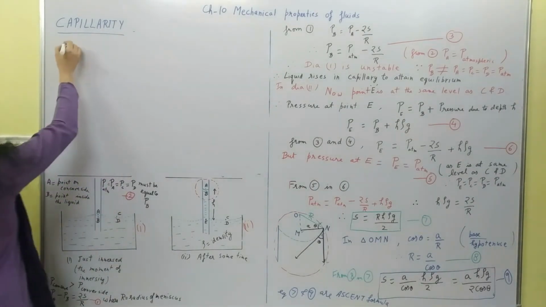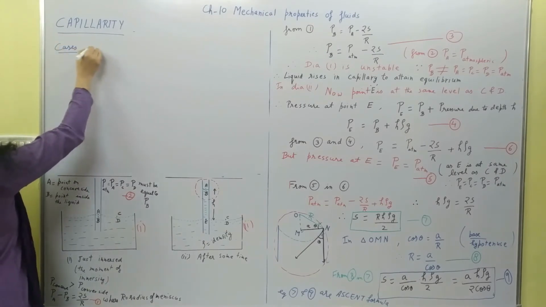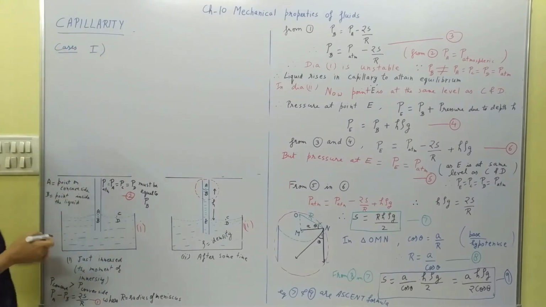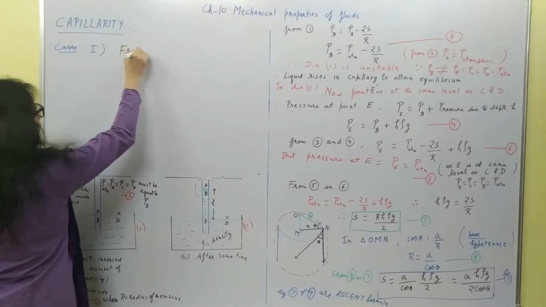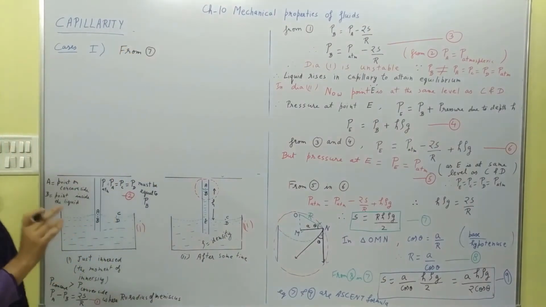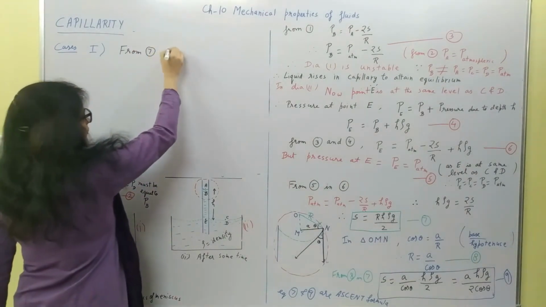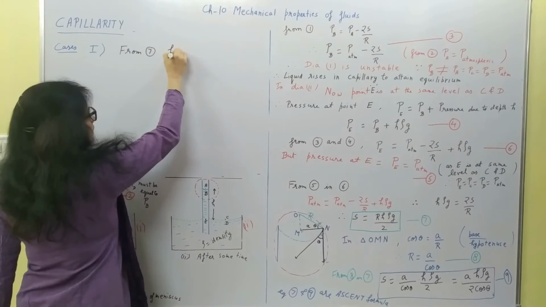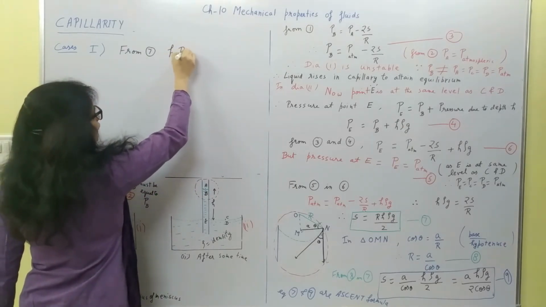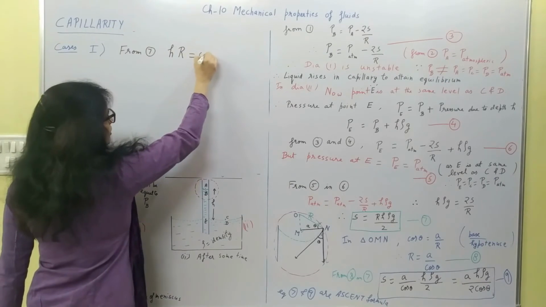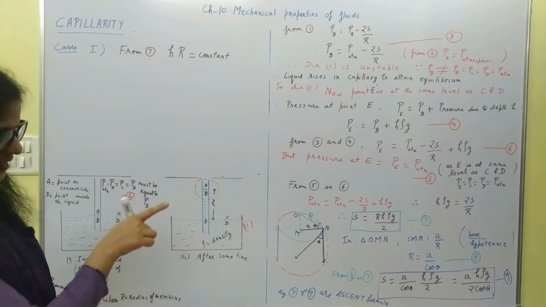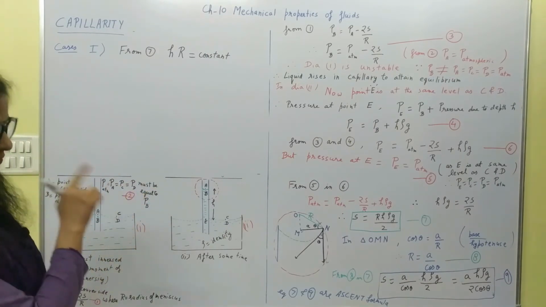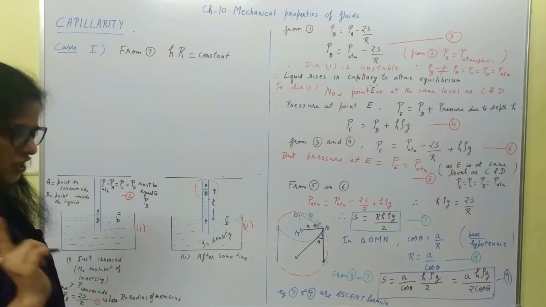So the cases, first is, if you look at equation 7, the height of the liquid and the radius of the meniscus, this product is constant if density at a particular temperature is constant, surface tension at a particular temperature is constant, and G is constant at a place.